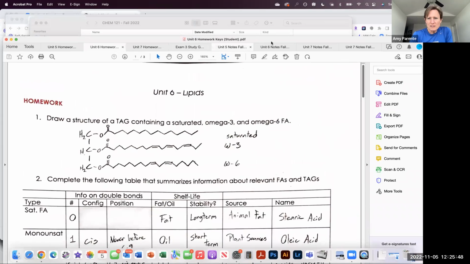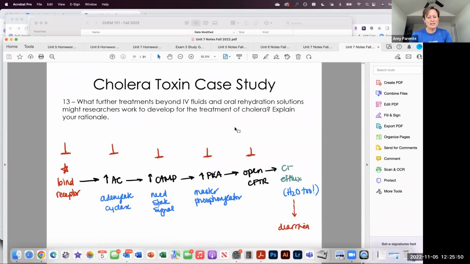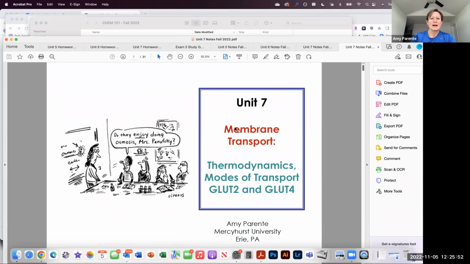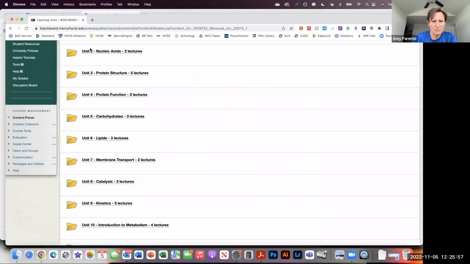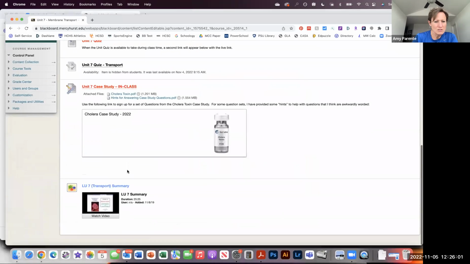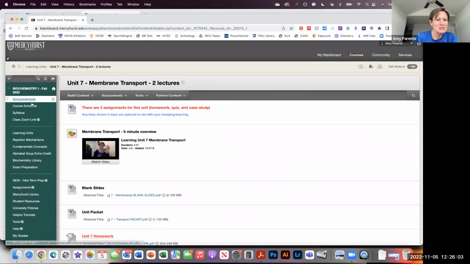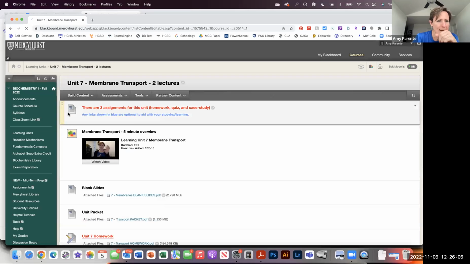Let's see here. Last thing, I think we went through, I'll have to make sure to repost, because let me actually check real quick. Membrane transport. Oh, I didn't even put them up yet. Let me do this right now before I forget.